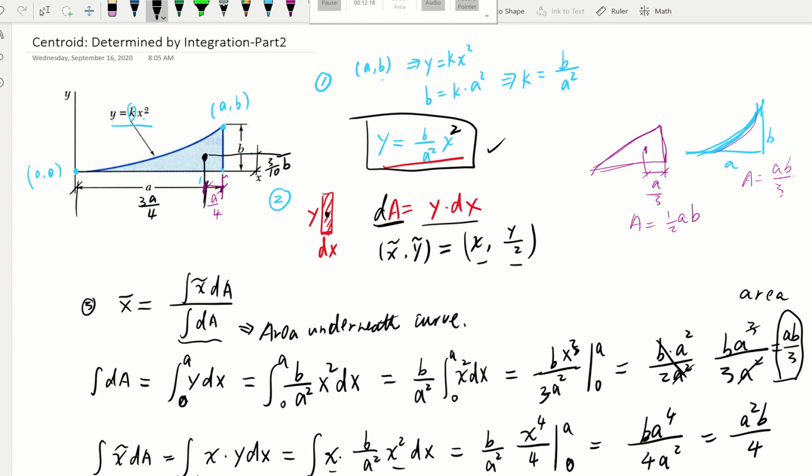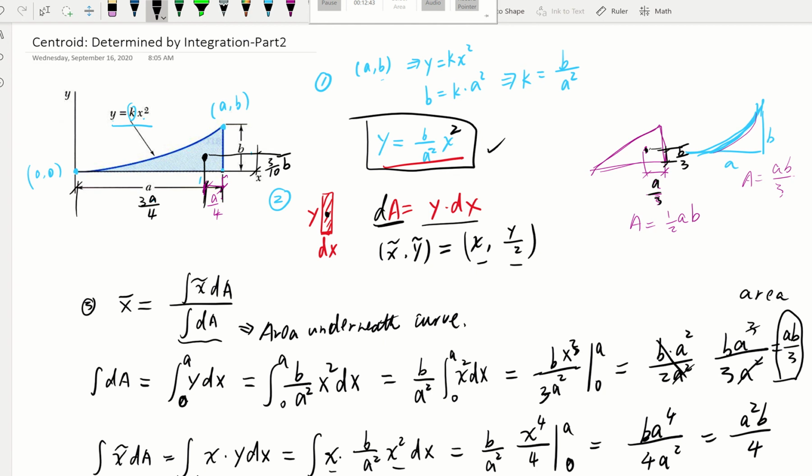That's how we are going to see. So for the base, it's a over 4. But for the height, it's 3/10 of b. And remember, for the triangle, here is also 3/10 of b, as here is 3/10 of a. So that's a difference here.